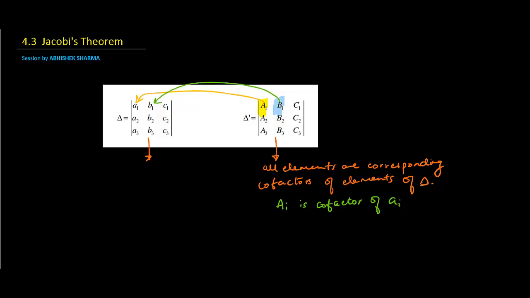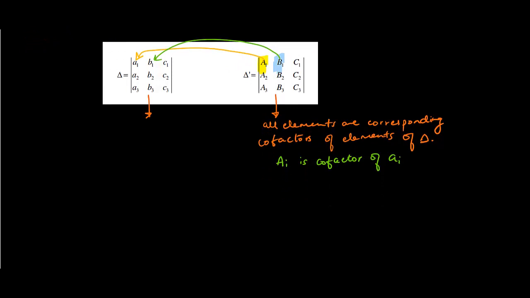So this is given, these are two determinants. Delta is a determinant and delta dash is another determinant whose every element is cofactor of the corresponding elements of delta. Now what happens if I multiply delta and delta dash?